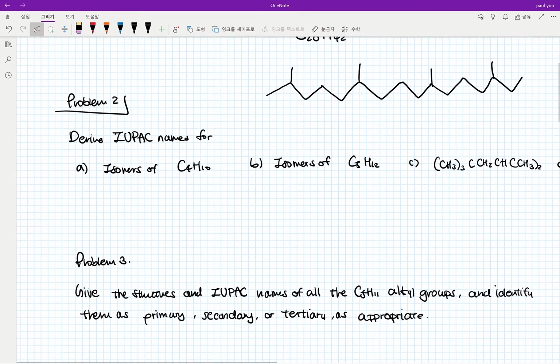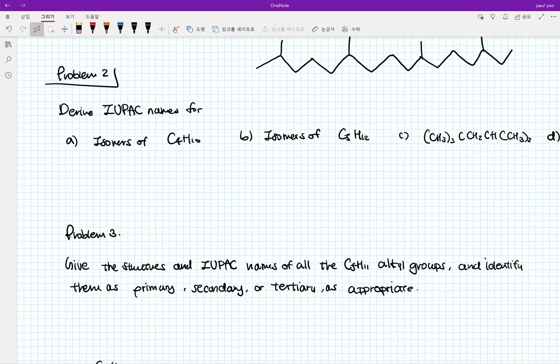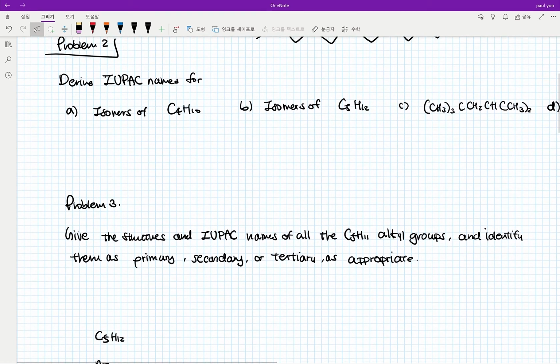Continue with problem 2. The IUPAC names for the isomers of C4H10. There are only 2 isomers for C4H10. One looks like that, which we name butane, and that which has CCC as the longest chain.